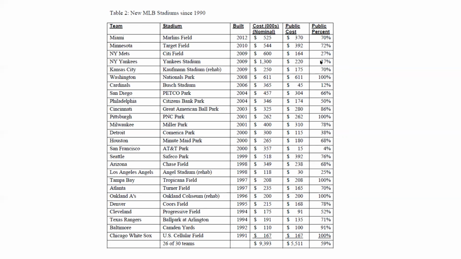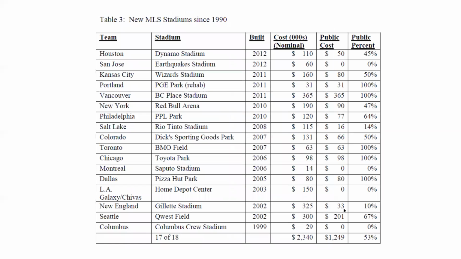New York's not putting up a whole lot of money for New York baseball teams' new stadiums. While smaller markets like Tampa, 100%. Chicago, I'm surprised was 100%, but I think that's likely if you think about where the location of that stadium is, and they already have a current team, maybe the threat there is that they just continue to move a little bit further outside of Chicago. All right, so each one would be a little bit different, but it's kind of interesting to look at some of these numbers, see the variation that exists.